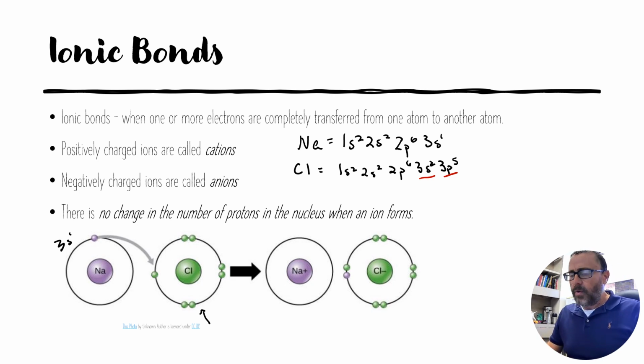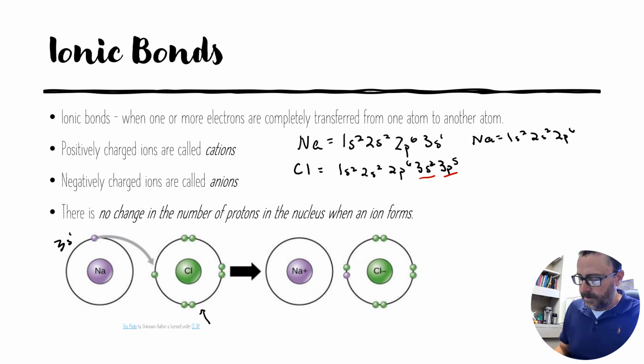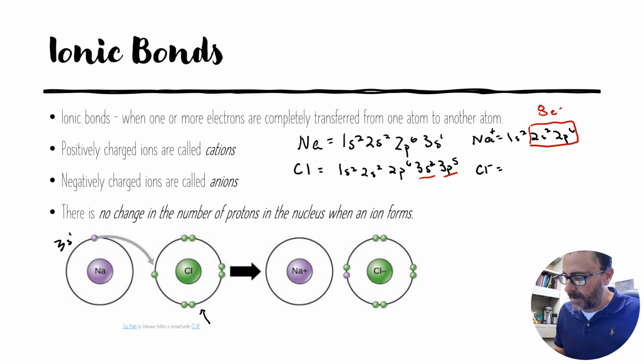So if our sodium gives up an electron and becomes the sodium cation, its electron configuration becomes 1s2, 2s2, 2p6. If we look at that, there are 8 electrons in the highest principal quantum number. Well, that one electron was given to the chlorine, and it becomes a chloride anion.